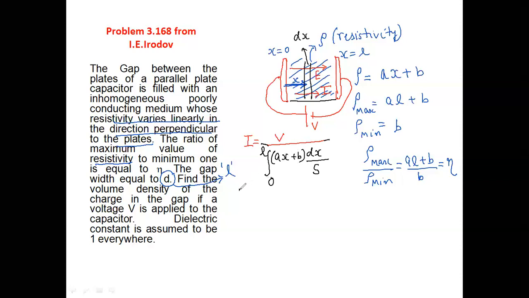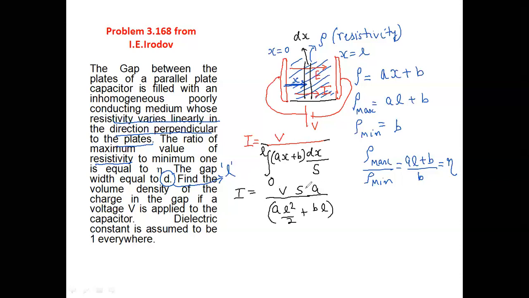In this way, you can find the current I equal to V times S over (A L square by 2 plus B L). You can check the integration part.